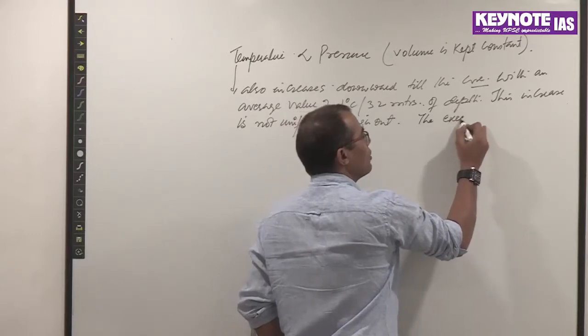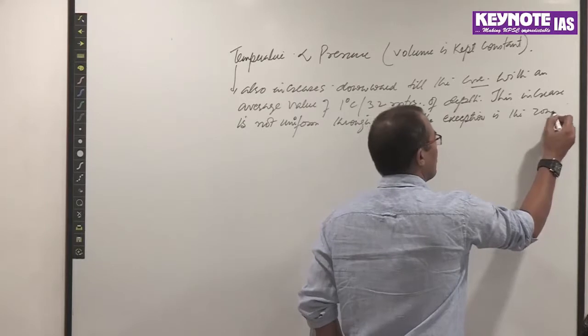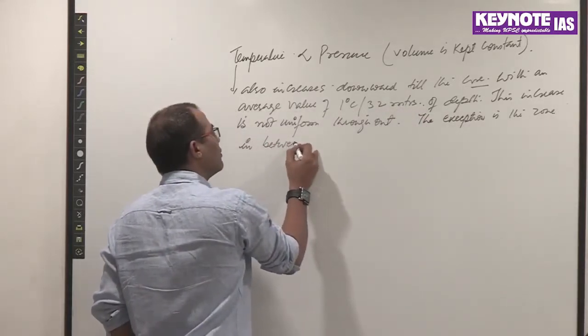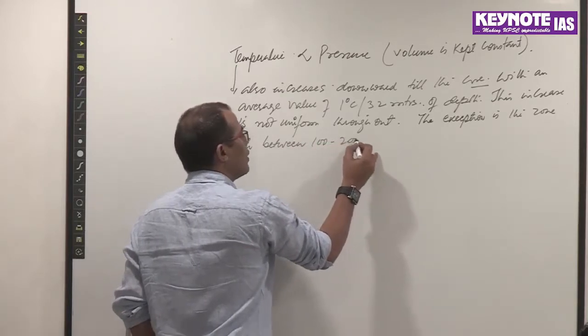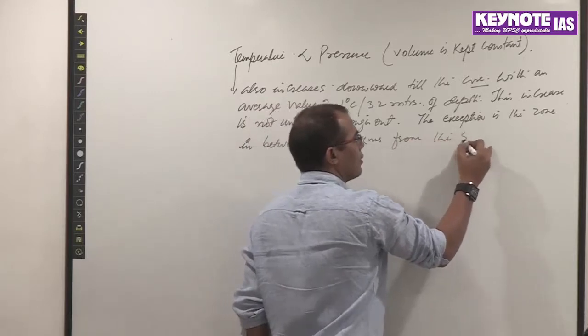The exception is the zone in between 100 to 200 kilometers from the surface.